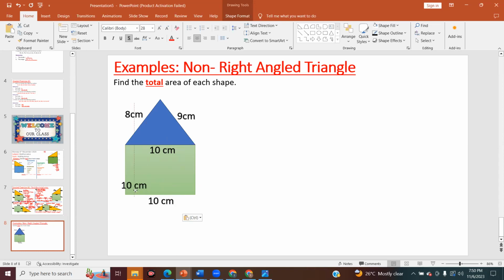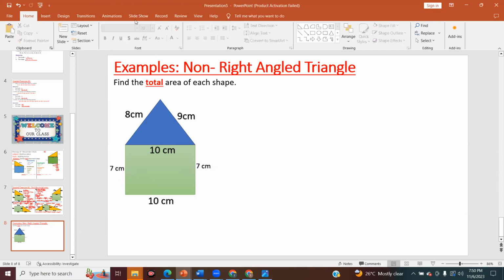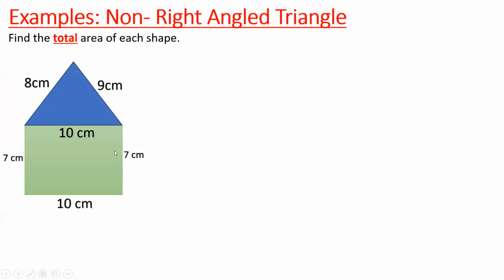Let's say that this side is 7. Please draw this and let's do this together. And let's say that this side is also 7. Good. Tell me, class, what is the height of this triangle?